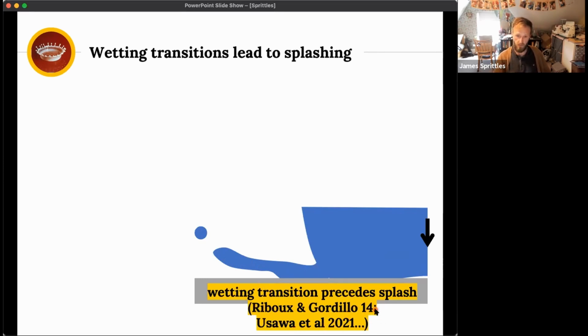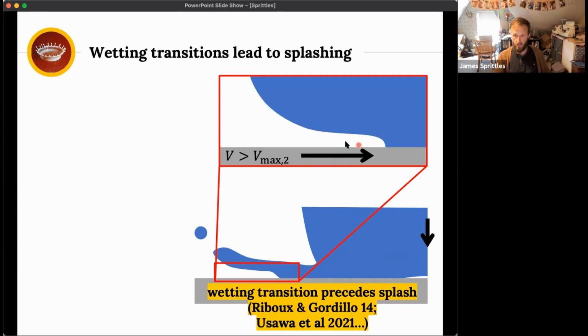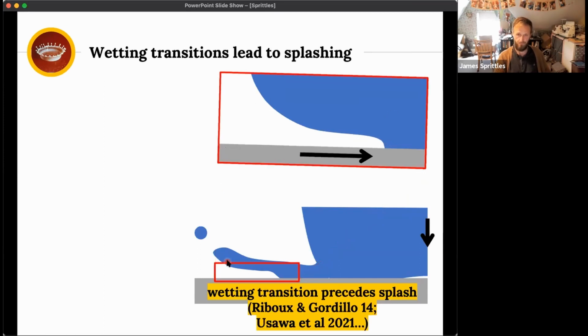If we think about this in its simplest case, if we have a liquid spreading over a solid and we go too fast, then suddenly the liquid can no longer displace the air, and air becomes entrained underneath the droplet, or the lamella in this case.